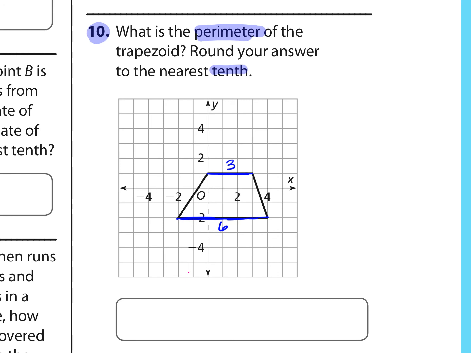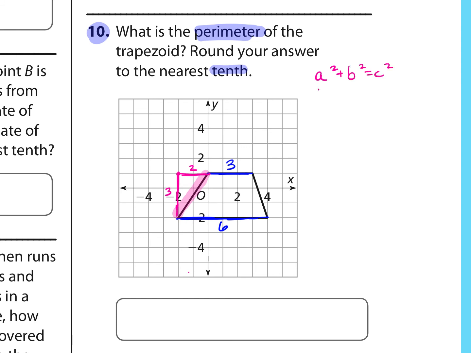So I'm going to start over here. I'm going to create a right triangle using this extra point that just turns it into a right triangle, so that we have a vertical distance, 3, and a horizontal distance, 2. So we can calculate c, which is that diagonal distance.